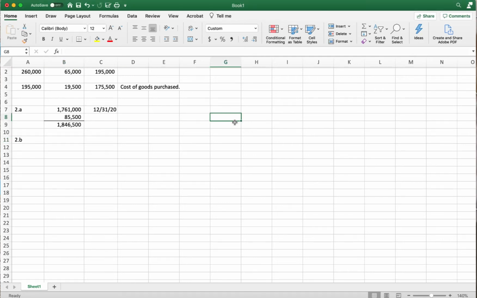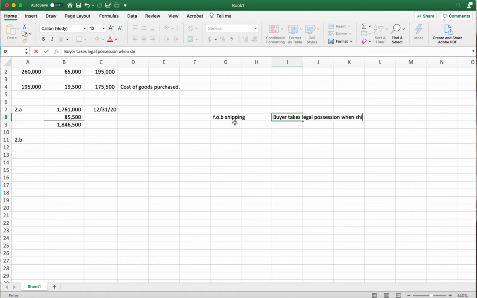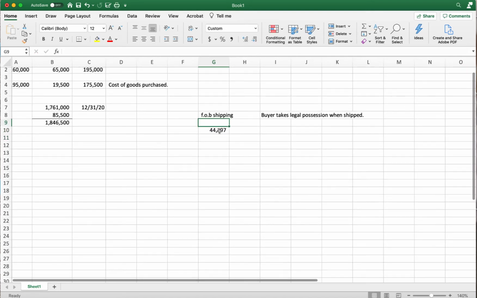It's FOB shipping point, that means that the buyer takes legal possession when shipped. The problem tells us that these goods were picked up on 1/1/2021.